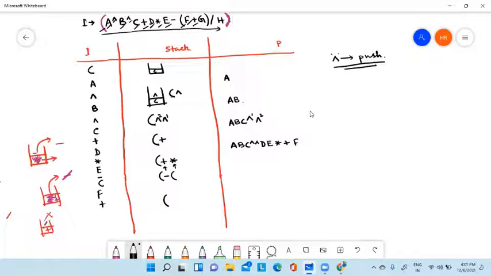Two parentheses means two different rooms, this one room, this one another room. So now I will check for this room. There is no operator, so plus will only be pushed. Then G, again an operand, added.